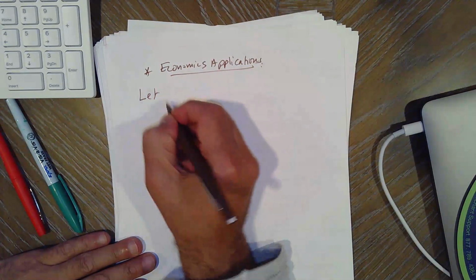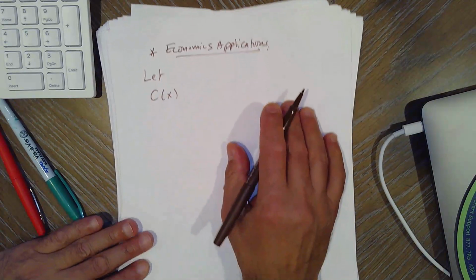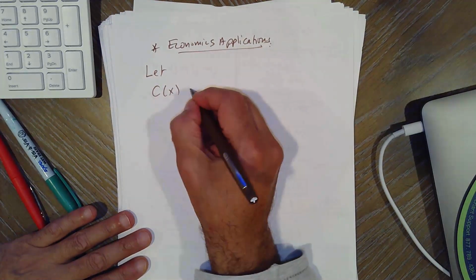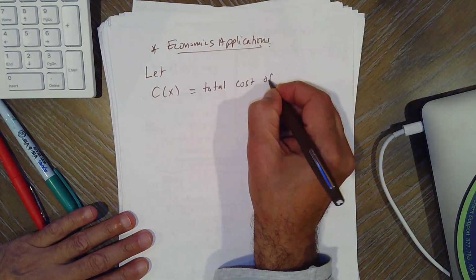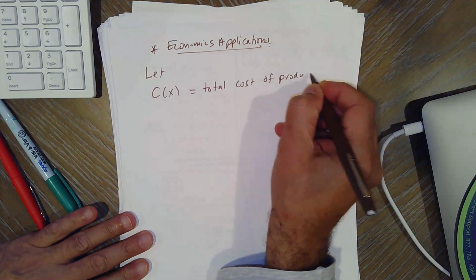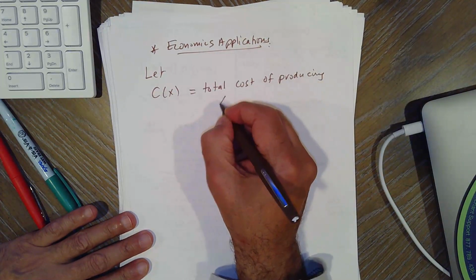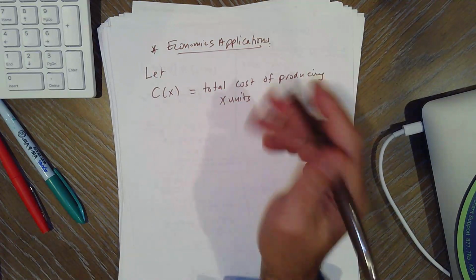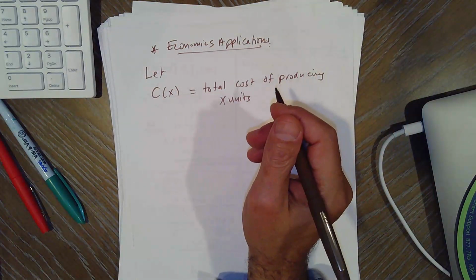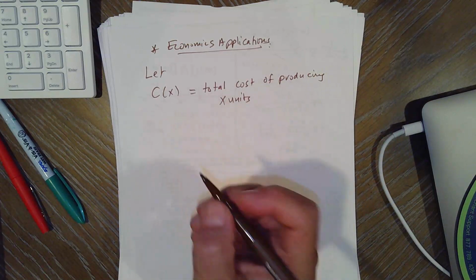So we're going to let C of x, this is all in the notes, of course, you don't have to write it down, be the total cost of producing x units. So if you're producing batteries, C of 100 is the total cost of producing 100 batteries.